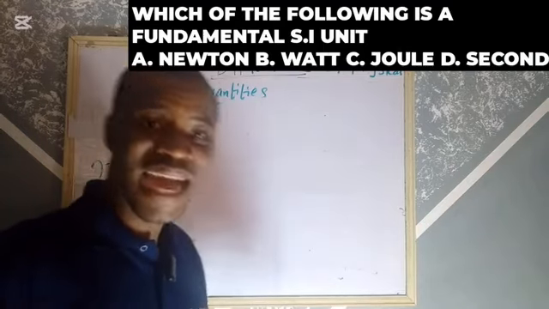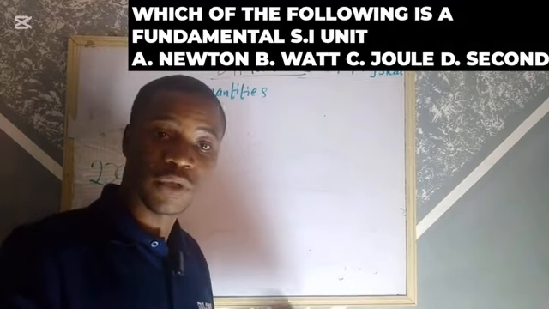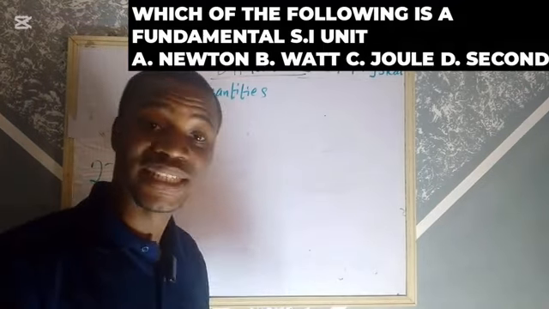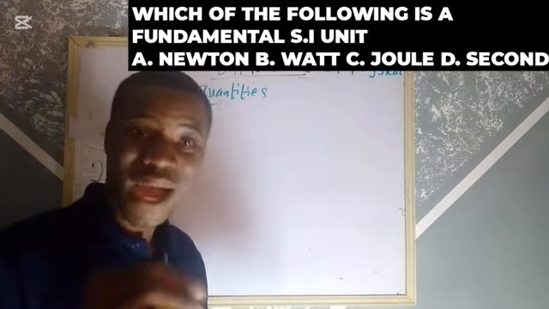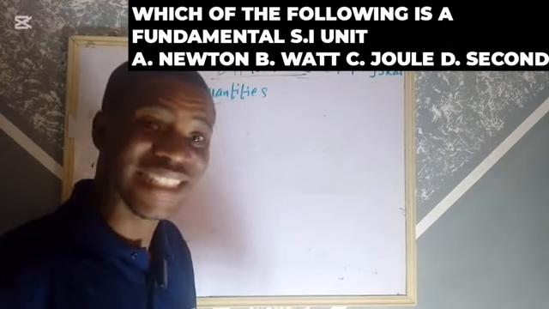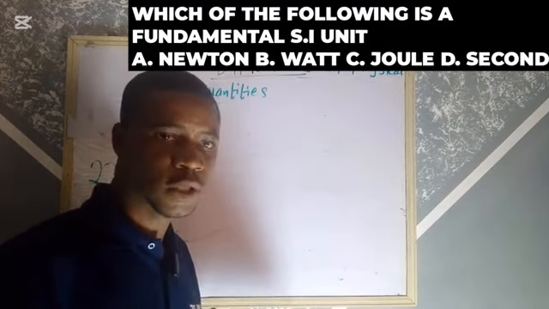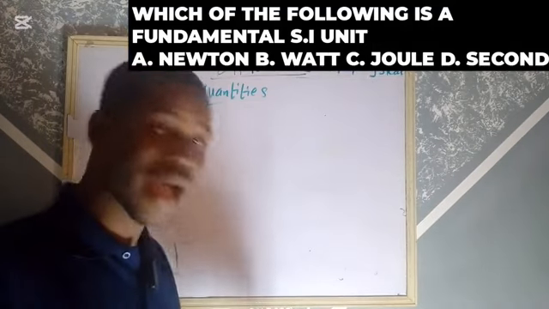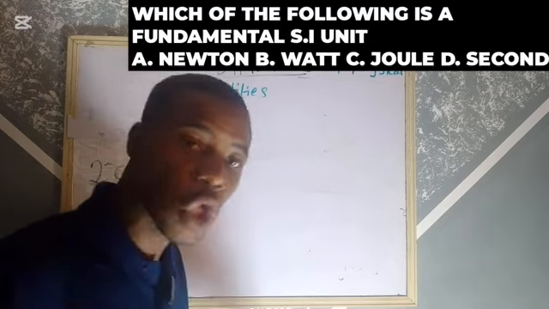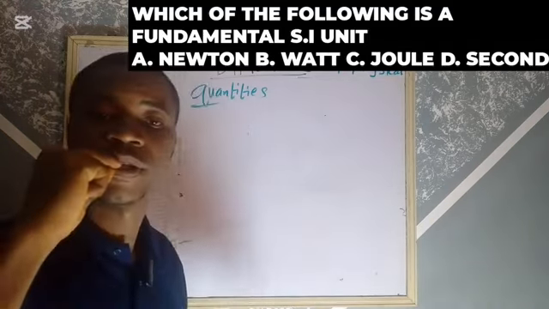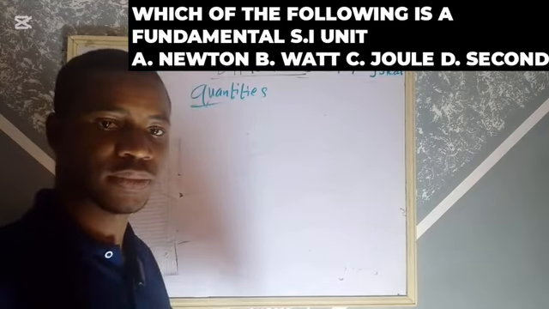So power is the derived quantity of watt. Watt is the derived unit of power. Do you understand now? So it means that power, which is the physical quantity of watt, does not have a fundamental unit.